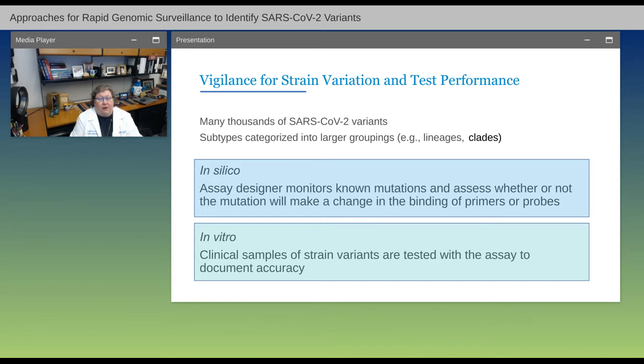The two main ways to do that are in silico testing, where the laboratory or the assay designer will monitor known mutations and check them against the primer probe regions of their testing and make sure there's no problem with the binding of the primers or probes. And then we have in vitro testing, where actual clinical samples with known strain variants, or unknown strain variants, are tested to identify if those are meeting the criteria for a variant of SARS-CoV-2.